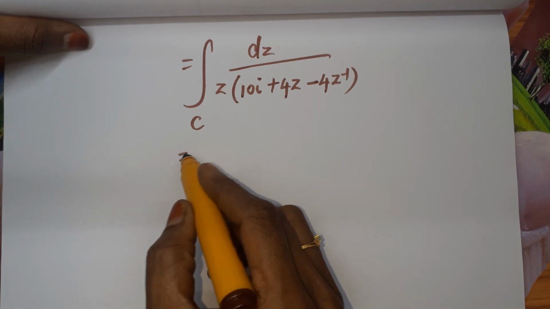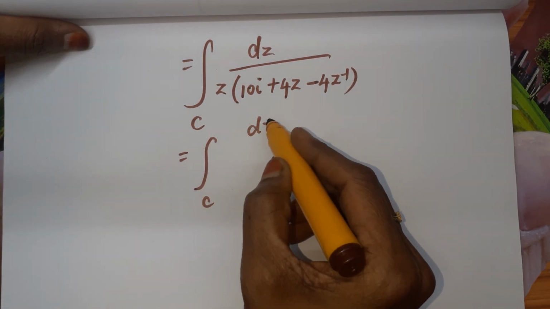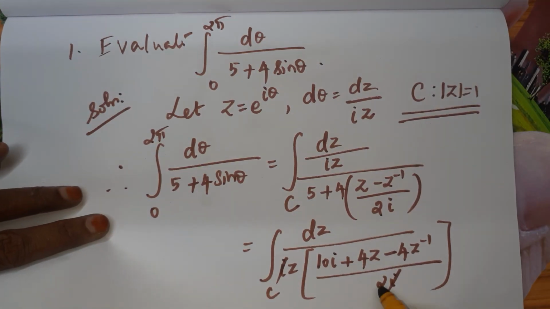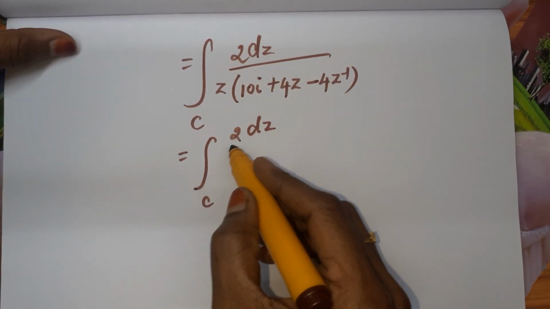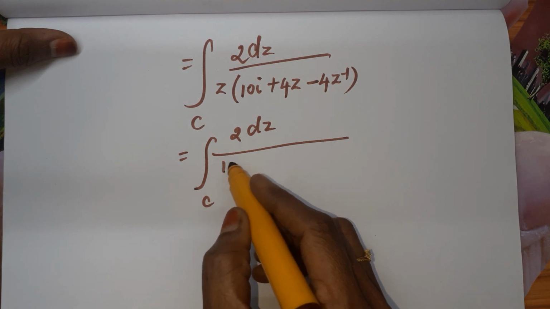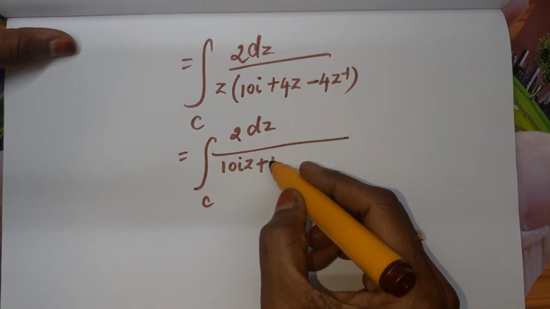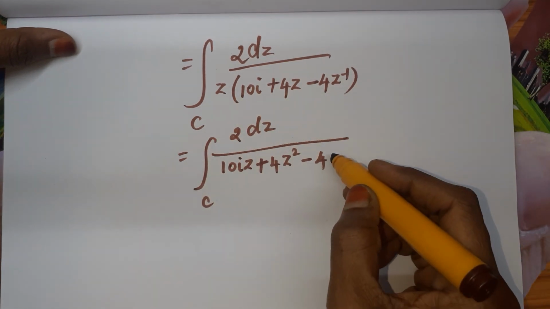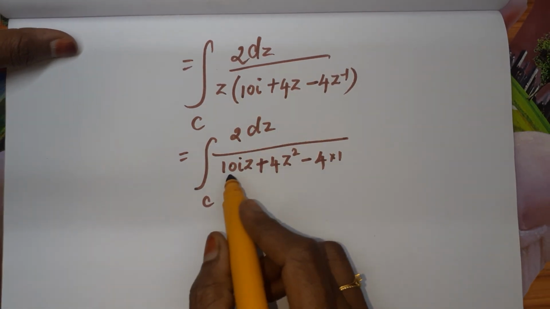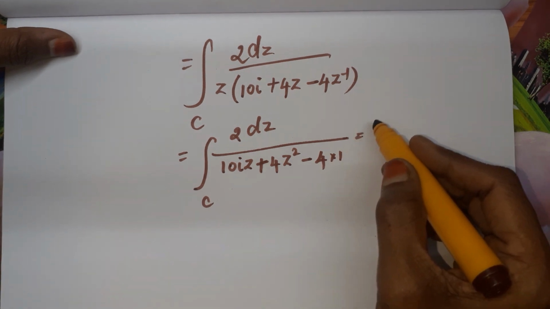We can multiply z inside. So dz, and the 2 in the denominator we can take to the numerator. So multiplying z inside: 10iz plus 4z squared minus 4 into z inverse times z, which is 1, so 4 into 1. All the terms have 2 common, so I can take 2 outside.